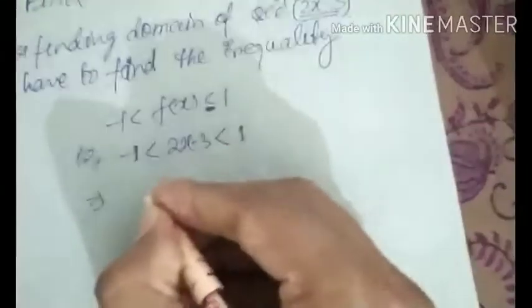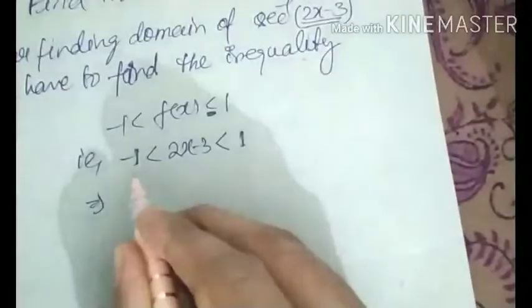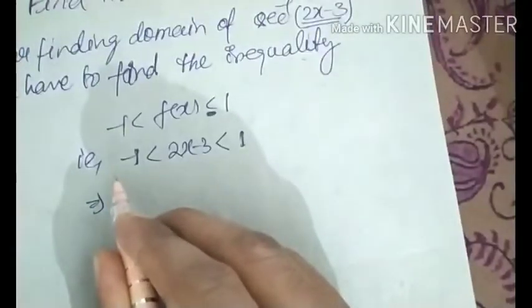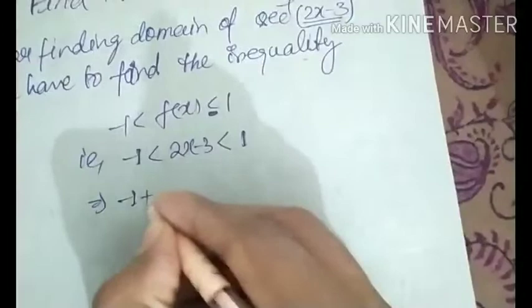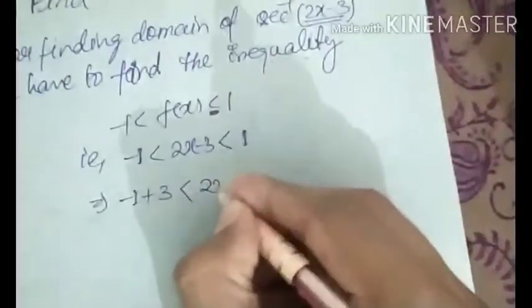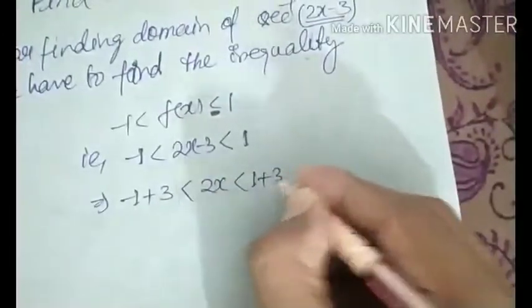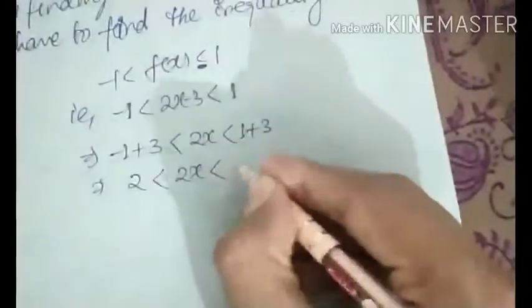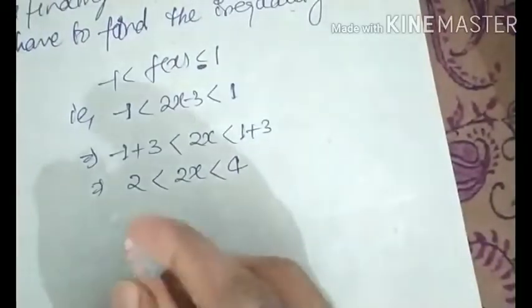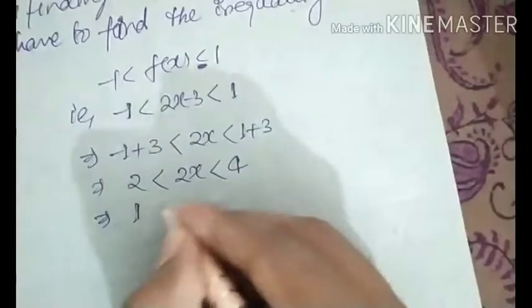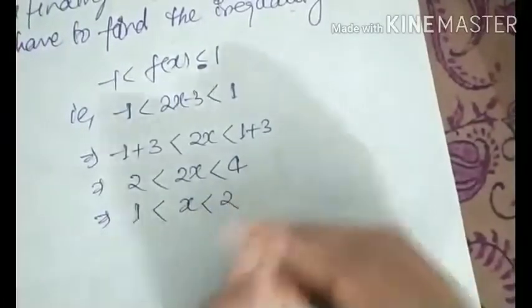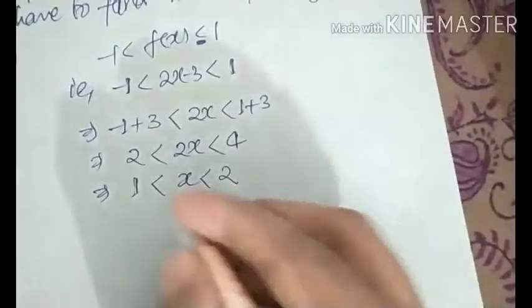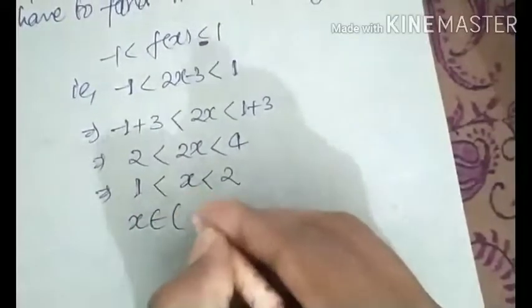For solving this we are going to add 3: -1 plus 3 less than 2x less than 1 plus 3. This implies that 2 less than 2x less than 4. We divide by 2, then we get 1 less than x less than 2. It means x belongs to the open interval 1 to 2.